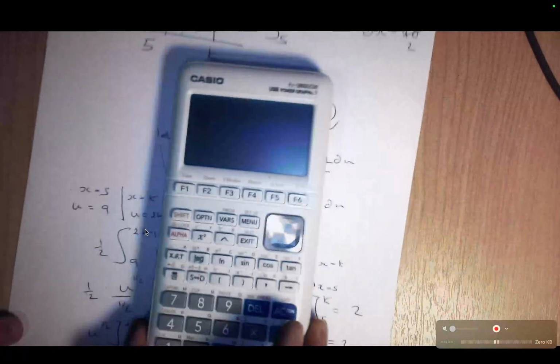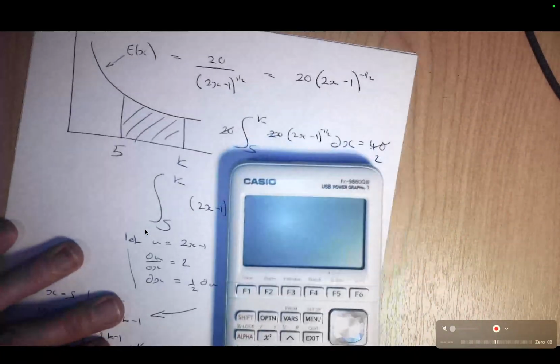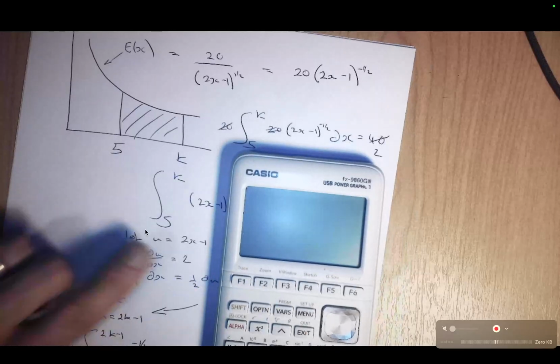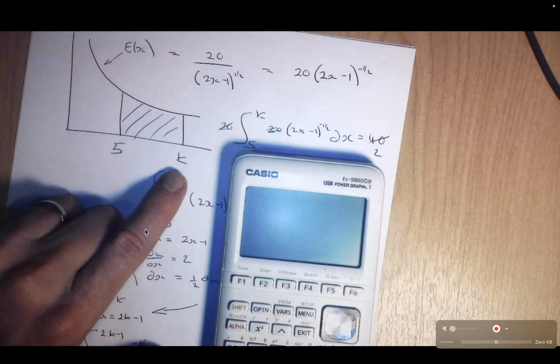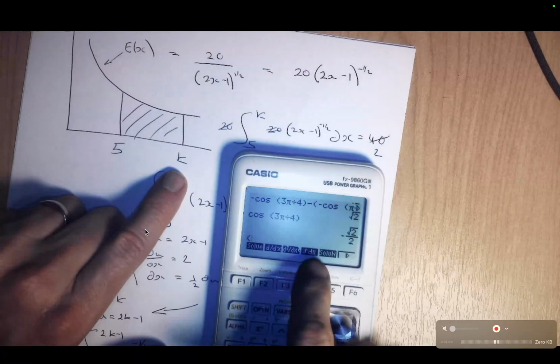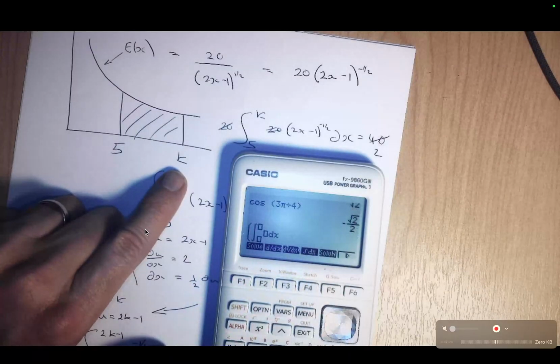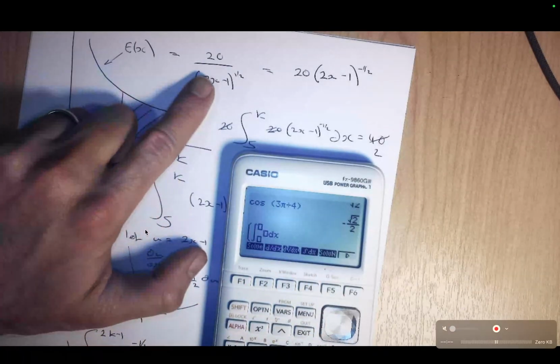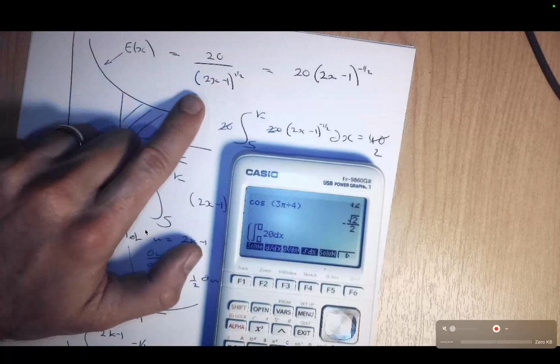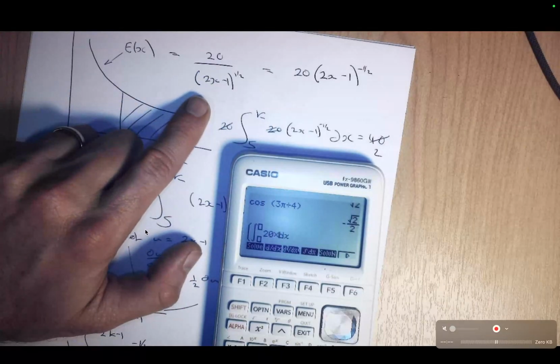Right, just a confirmation. Let's just confirm the answer is 13. So we're going to turn on the calculator, we're going to go integrate, and we're going to say the function is this thing up here, 20 times bracket 2x minus 1 bracket to the power 0.5. Oops, that's negative 0.5.